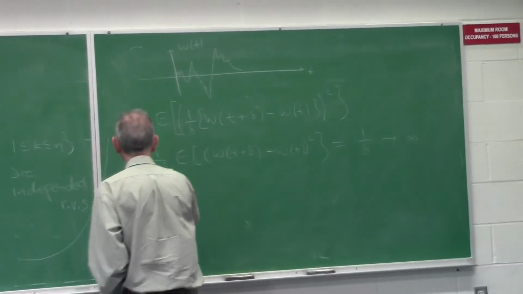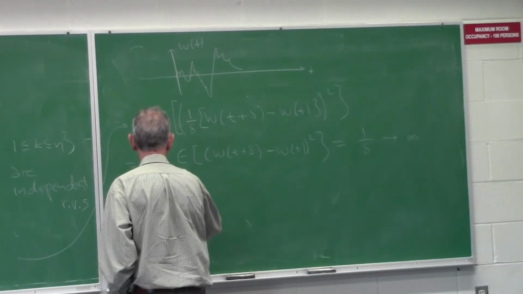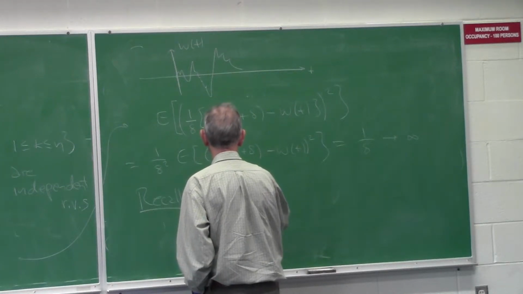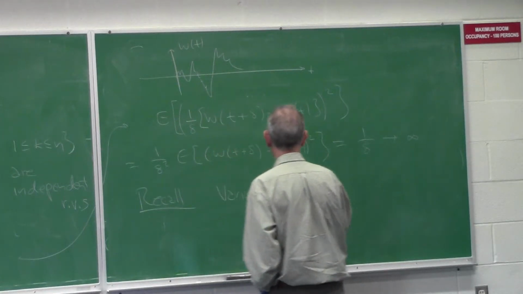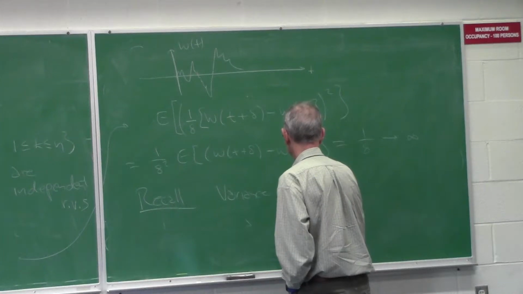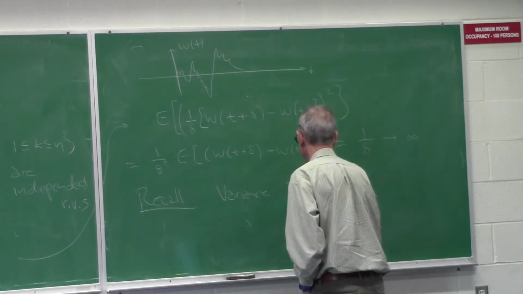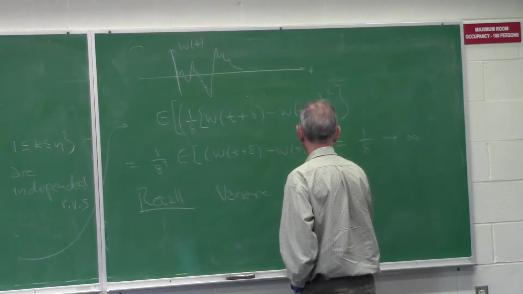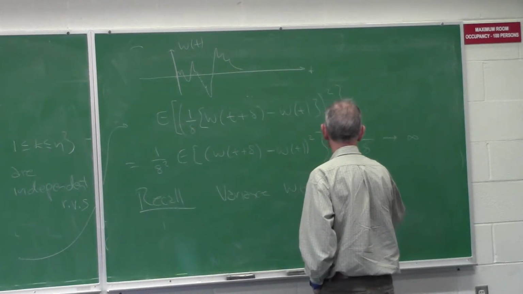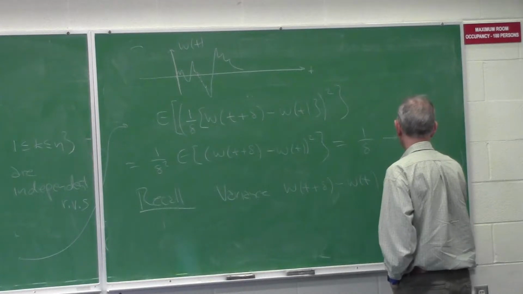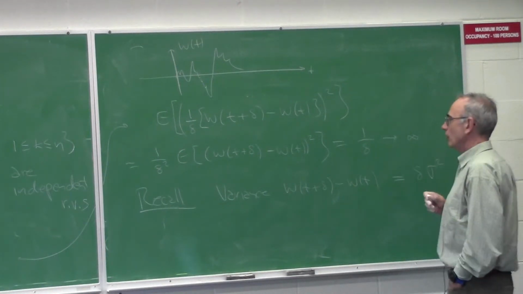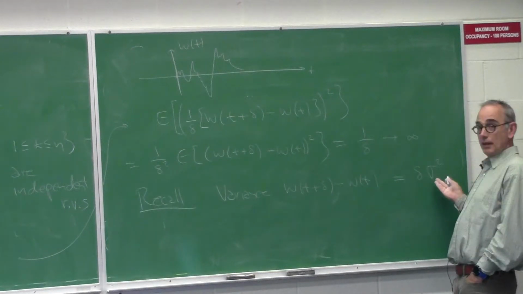And what you want to recall is that the variance of this increment is delta times sigma squared.